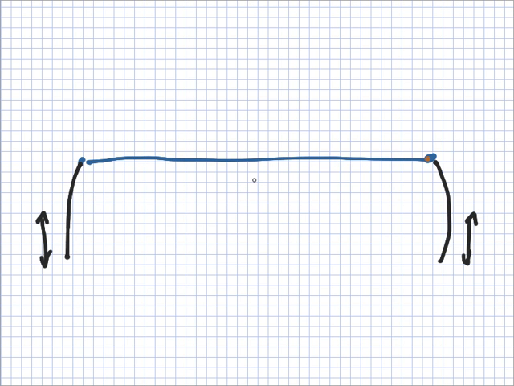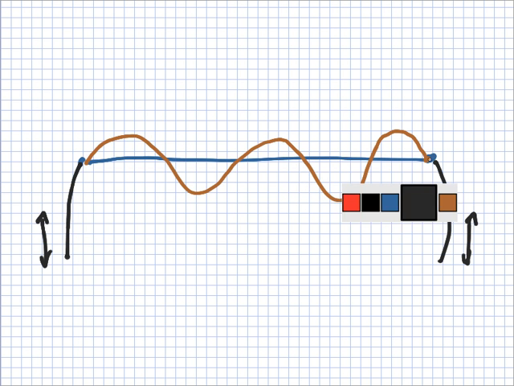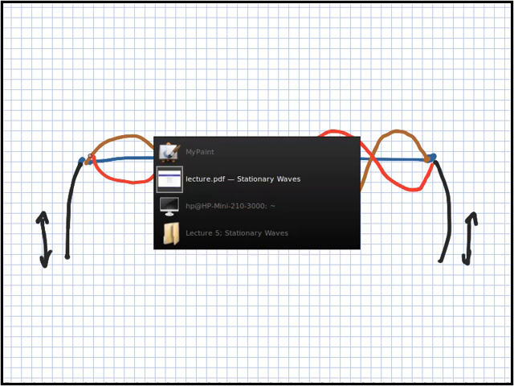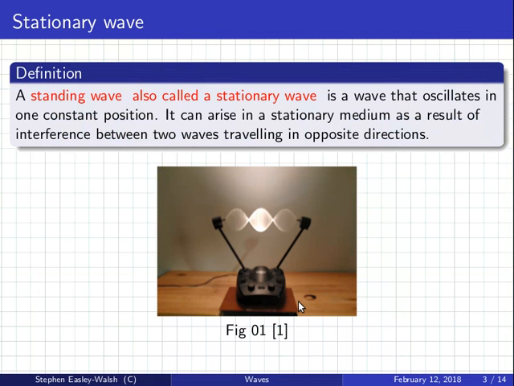If you set this up just right, what can happen is when the wave hits here and moves backwards, it's exactly the same, but just upside down. So the wave, when it's heading backwards, looks like this. If this string is doing this very, very fast, what it looks like is this.